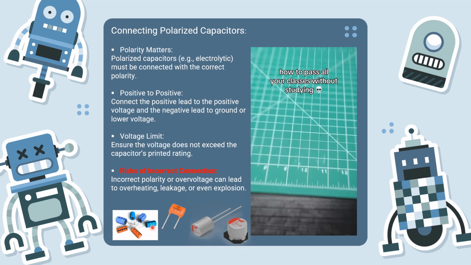There is a number for voltage on the capacitor, for example 16 volts. You shouldn't put your capacitor in a 20 volt circuit. If you use incorrect polarity or over voltage, it can lead to overheating, leakage, or even explosion. You can see this video if it's played.